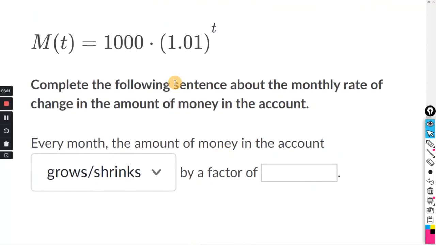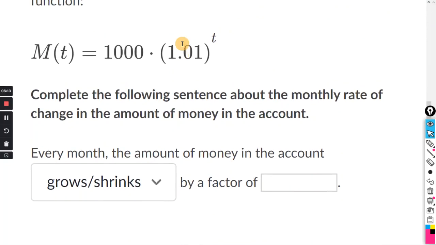All right, so like we said at the beginning, these are in the form of y equals a times b to the power of x.